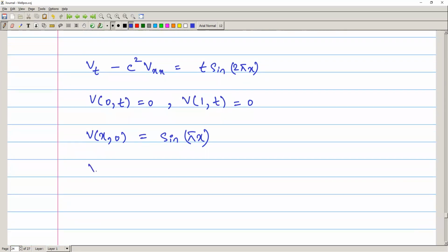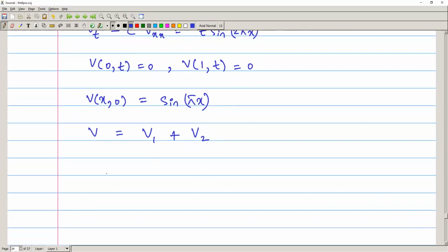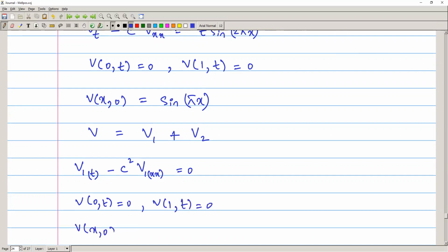as we discussed earlier, that v is equal to v1 plus v2. The first equation will be v1 subscript t minus c squared v1 subscript xx is equal to 0 with homogeneous boundary conditions and with the initial condition sine pi x.